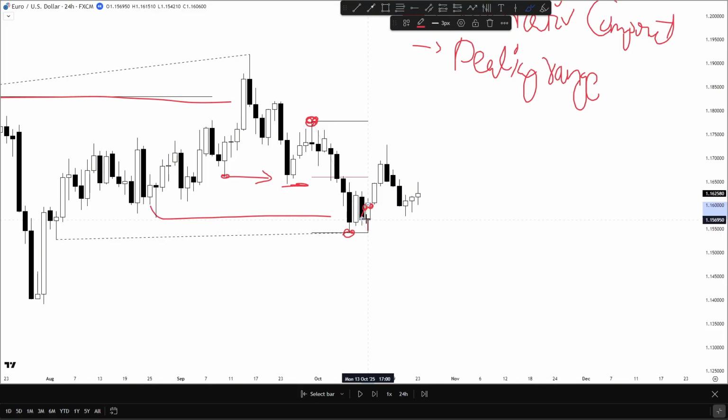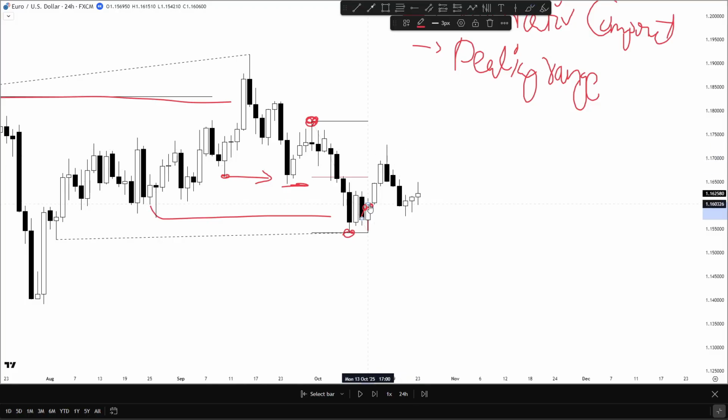From this point on, I established that we have now found a new dealing range, and now the main priority for price is to first rebalance this dealing range, reach a key level, a premium key level, and then once we've done that, my bias will shift to bearish, and that is exactly what price did.